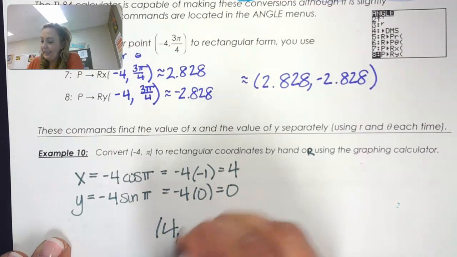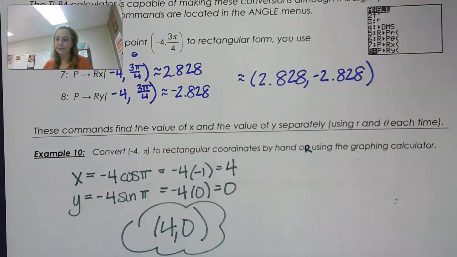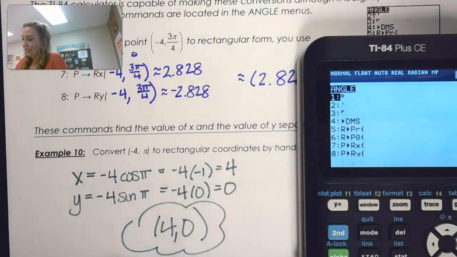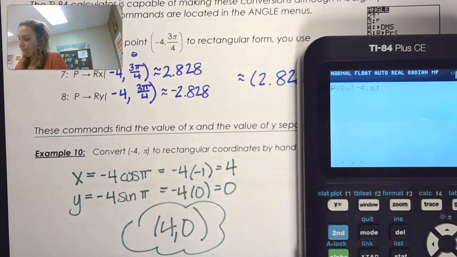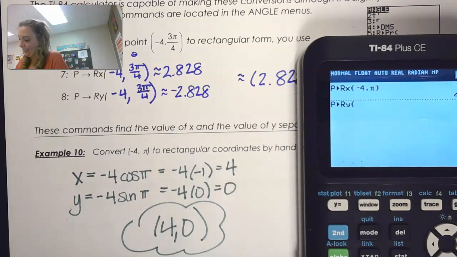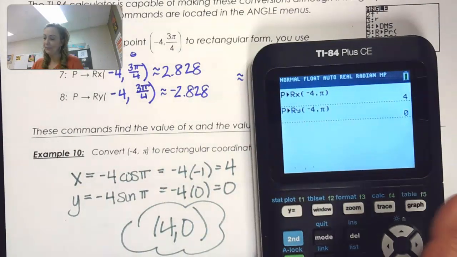So I would say that my value is going to be (4, 0), okay? In the graphing calculator, you could do second angle, number 7, -4, π, and then you could do second angle, number 8, -4, π. Notice that we get that same ordered pair, (4, 0), okay?